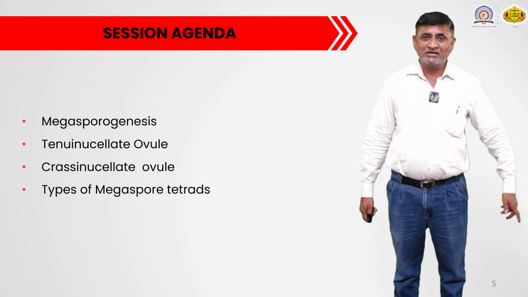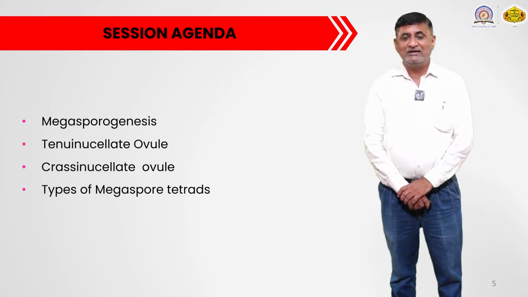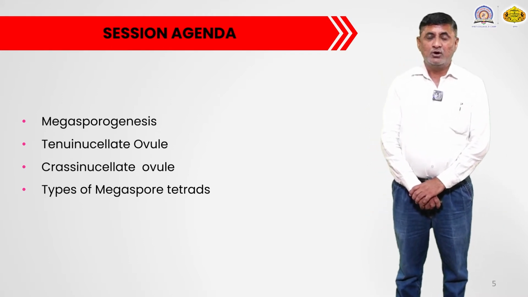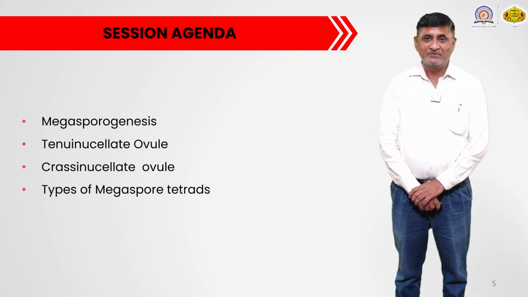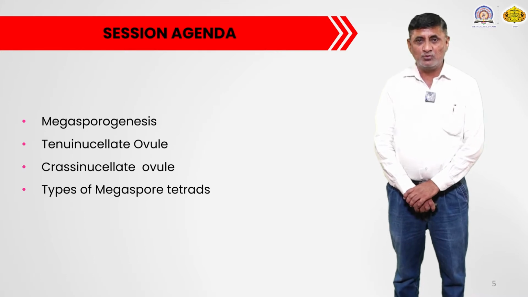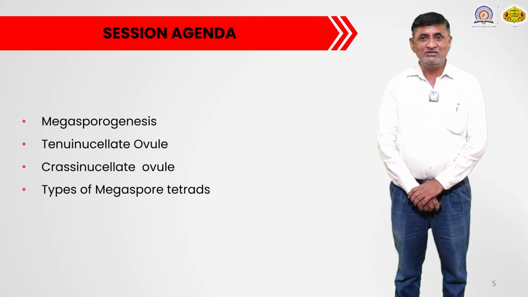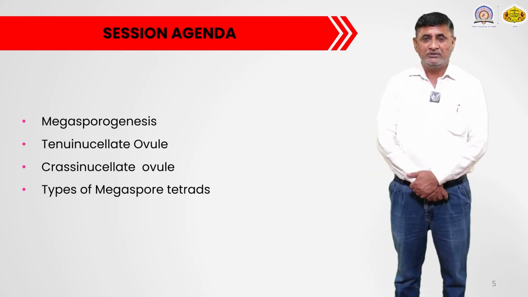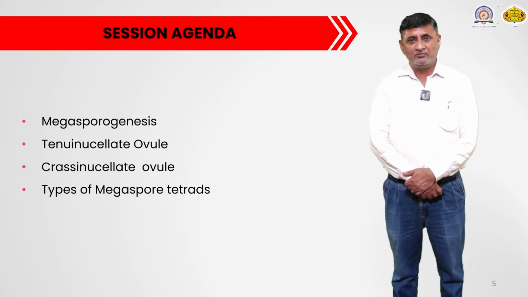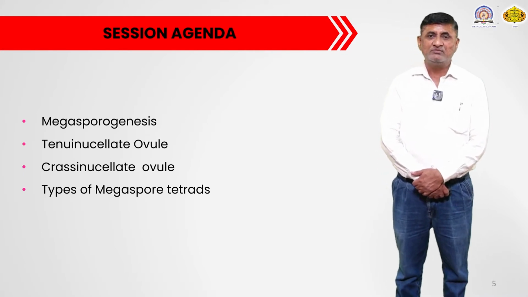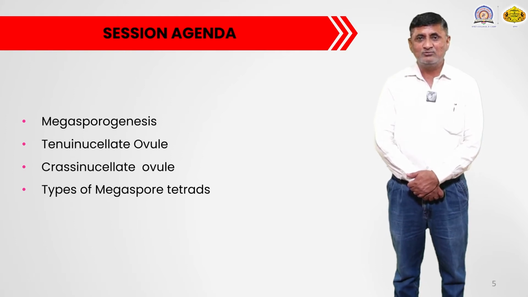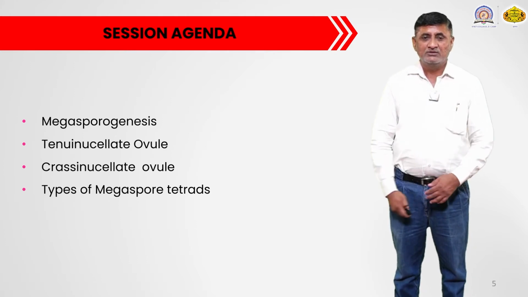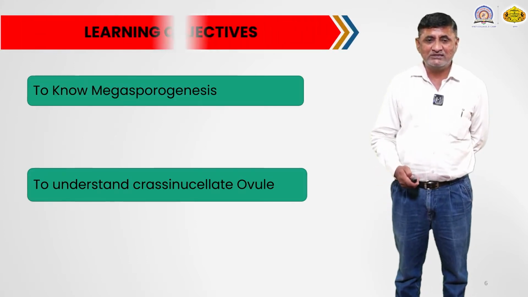And lastly, we have to see the types of Megaspore tetrads on the basis of division of the Megaspore mother cell and arrangement of the Megaspores inside the Megasporangium. So this is our today's agenda.